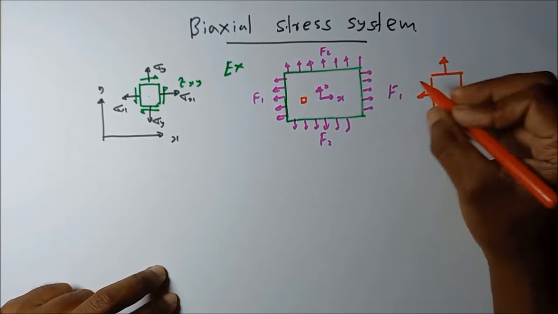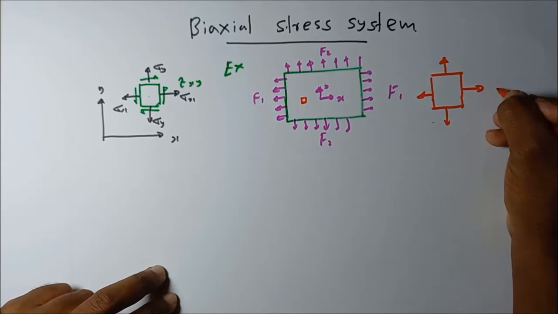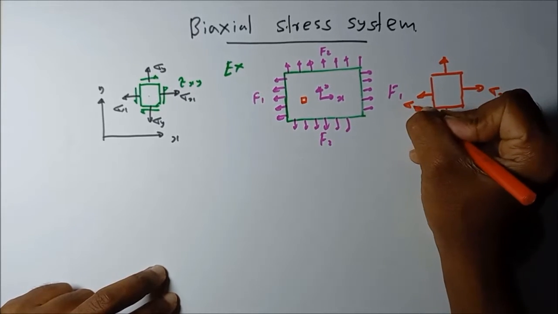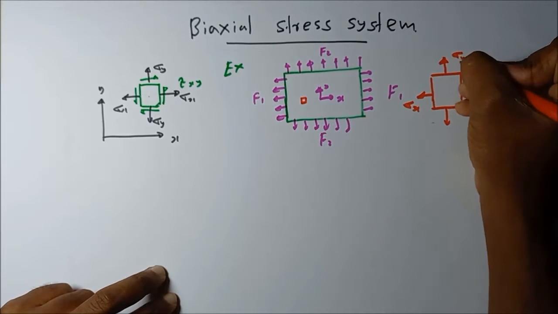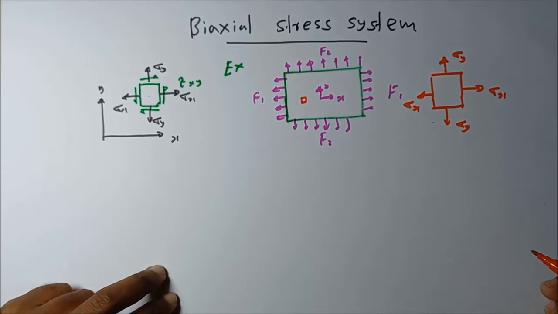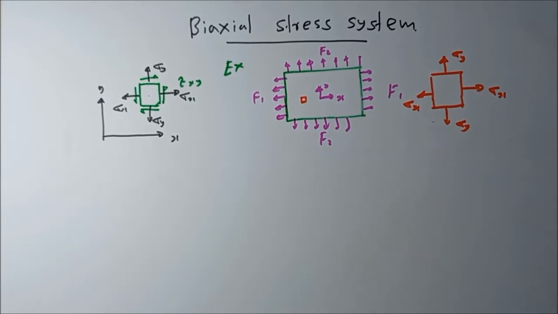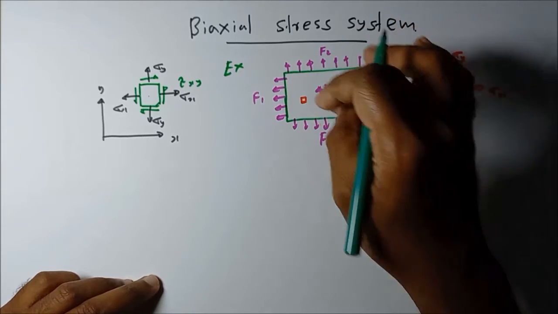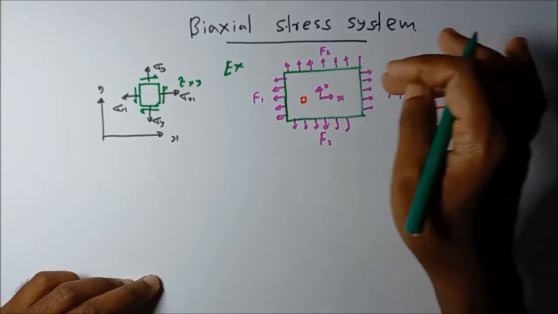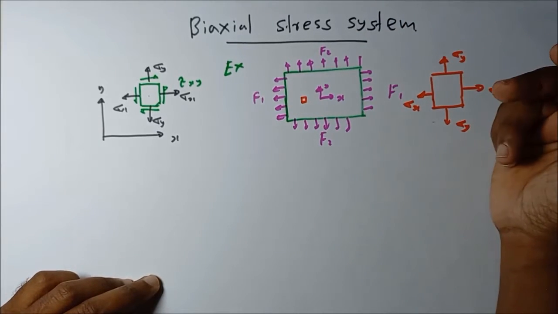That means an infinitely small stress element with sigma x in this direction and sigma y in this direction. All the stresses acting on the element can be represented on a two-dimensional plane, and we call that a biaxial stress system. That means this sheet metal is subjected to a biaxial stress system.